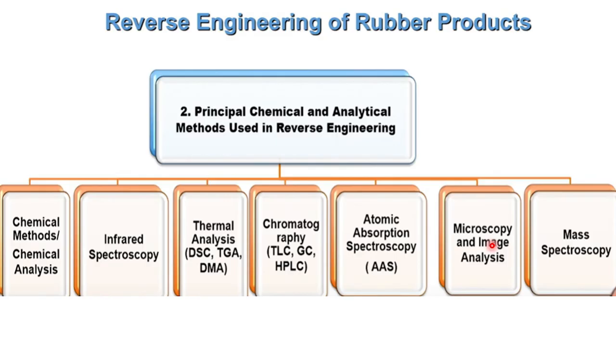First is the chemical analysis method, where solvent extraction etc. could be done to separate out a mixture of product. Then you check the infrared spectroscopy to see what different base rubber or additives are present. But before that, you must separate out all the chemical components.